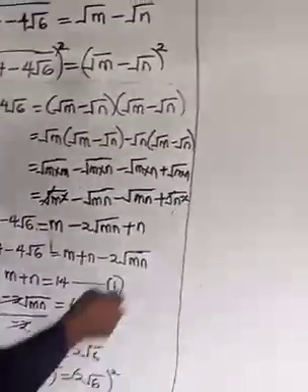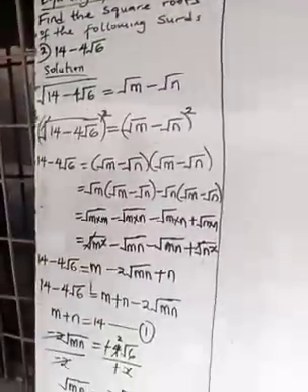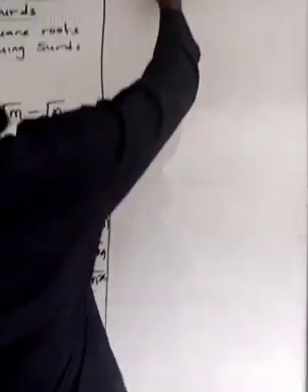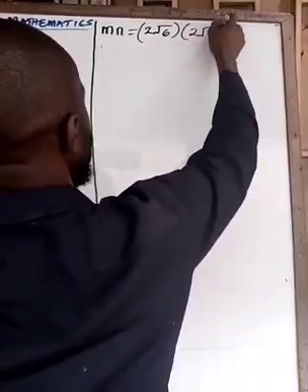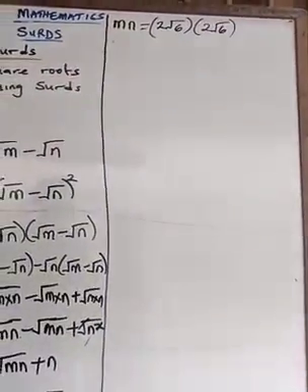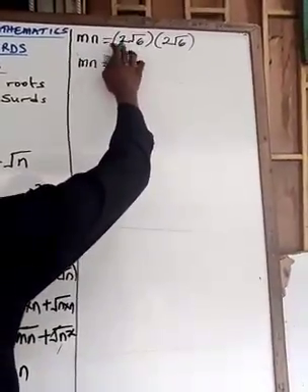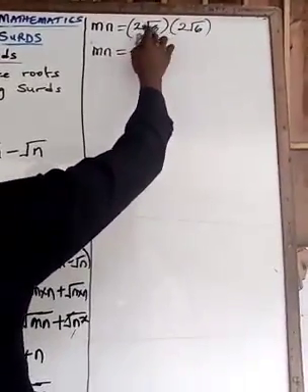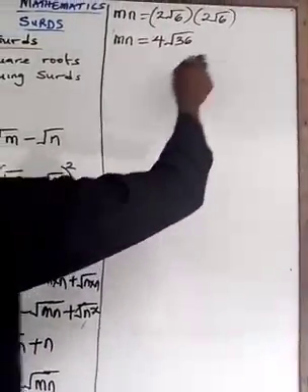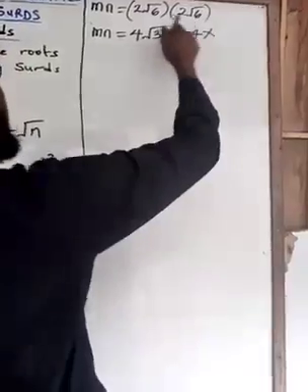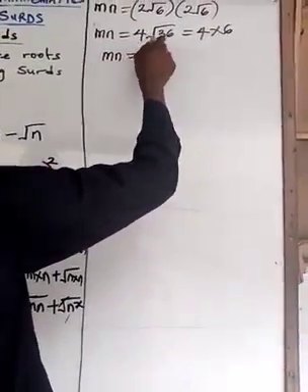Now the square of both sides for this, we have mn is equal to, let's do this properly, 2 root 6 times 2 root 6. So that's the square. So we have mn is equal to 2 times 2, that's 4, square root of 6 times square root of 6, that's square root of 36. So this becomes 4 times 6. That means mn is equal to 24.